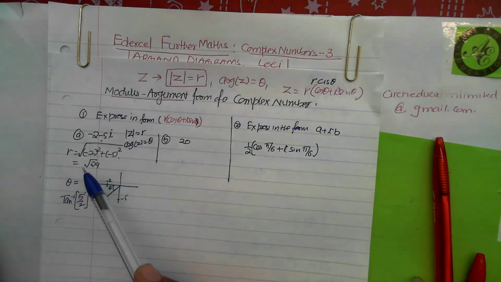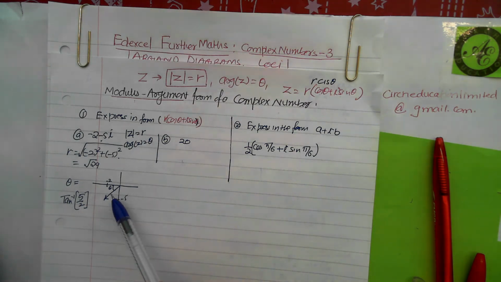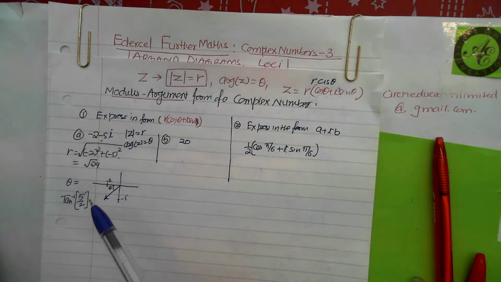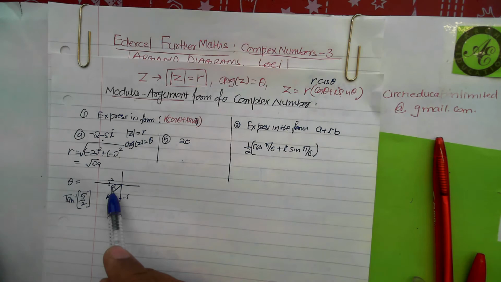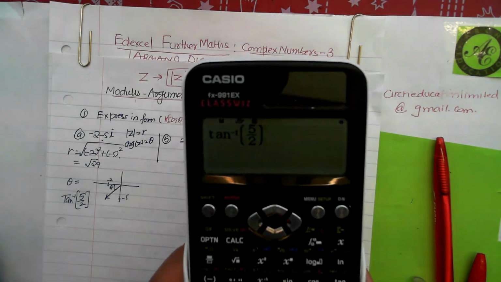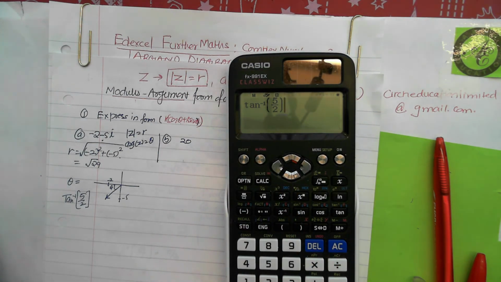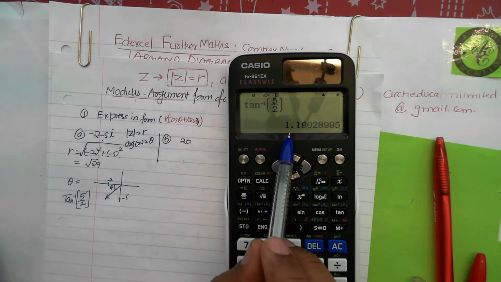Right, so with a simple calculation, we work out that the modulus is root 29, and for the argument I'll have to first draw it on the Argand diagram. This is the angle theta I'm looking for, and it has to be in radians. What my calculator gives me, having changed the unit into radians, is not exact, so we cannot find this exactly.